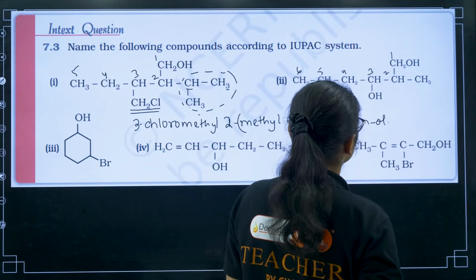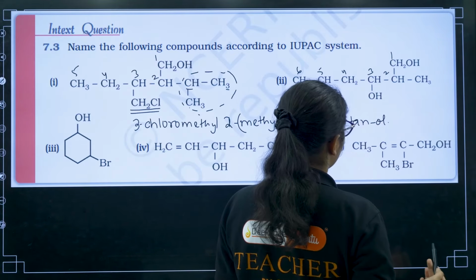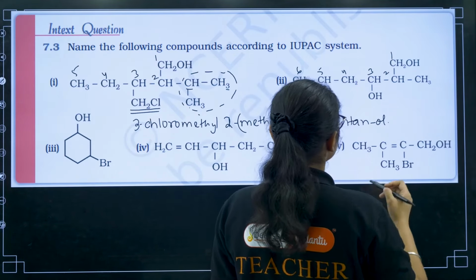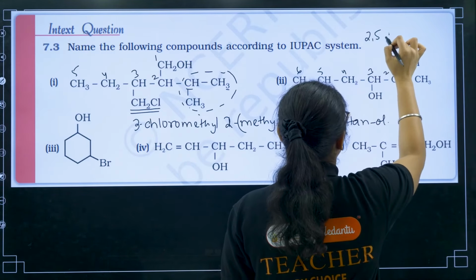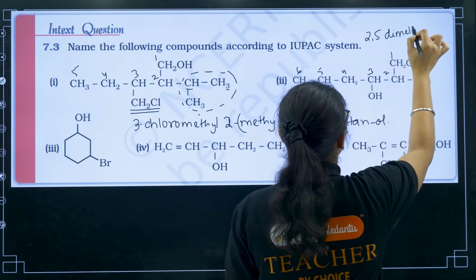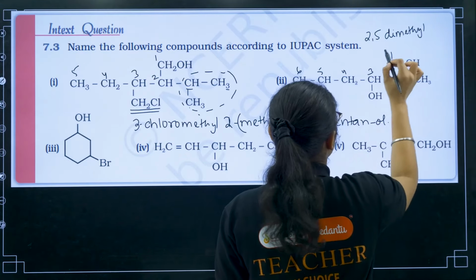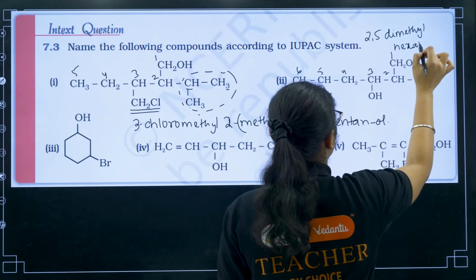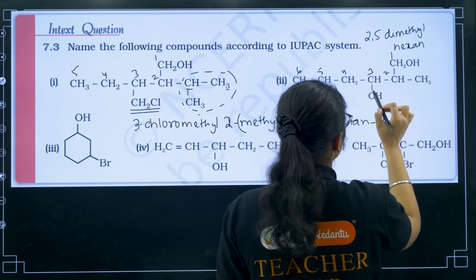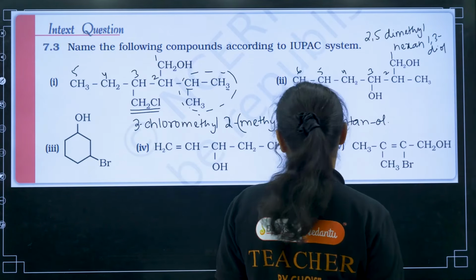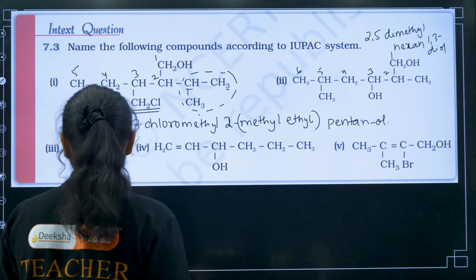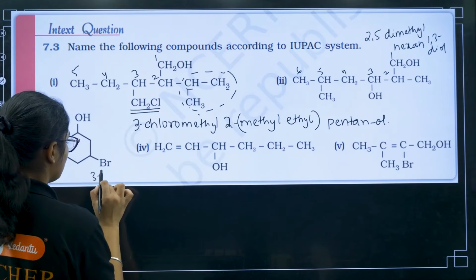On the first and third position I have OH, so I can write like this. On 5 and 2 I also have methyl, so I can write 2,5-dimethyl. Then I have hexane, at what position? 1 and 3, so 1,3-diol.